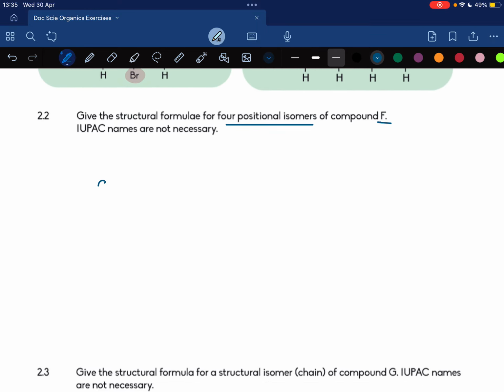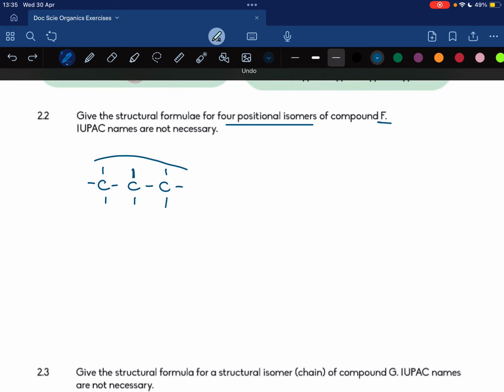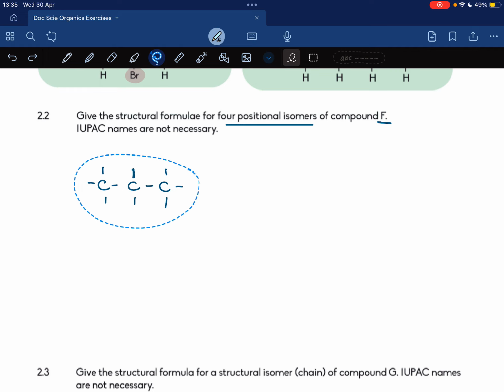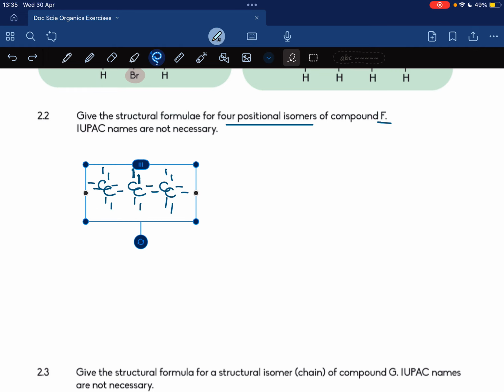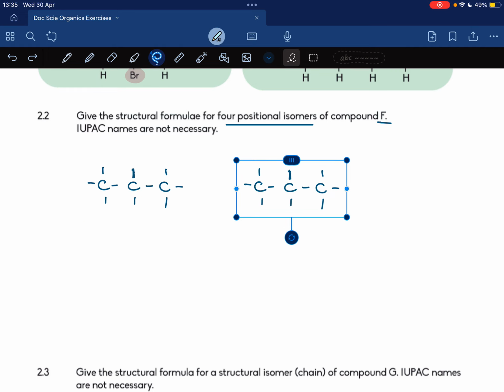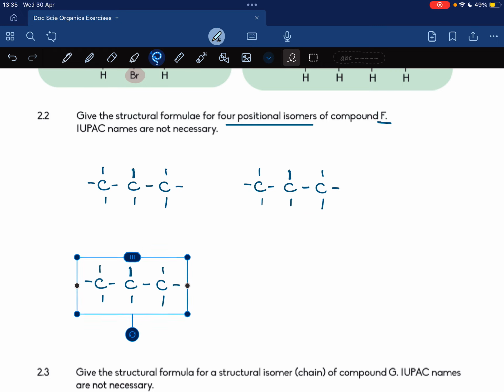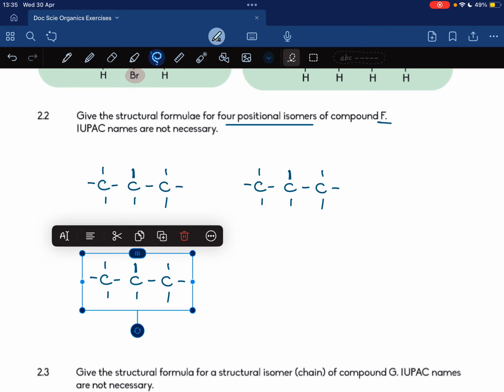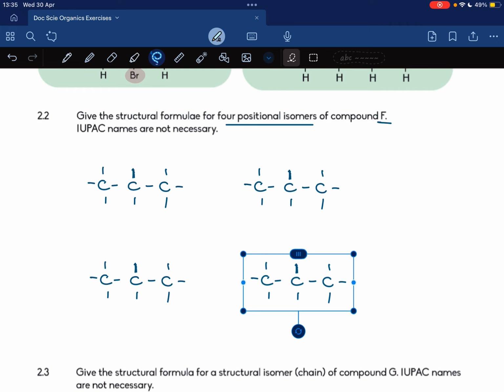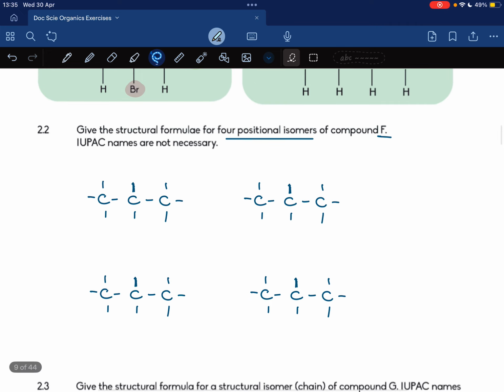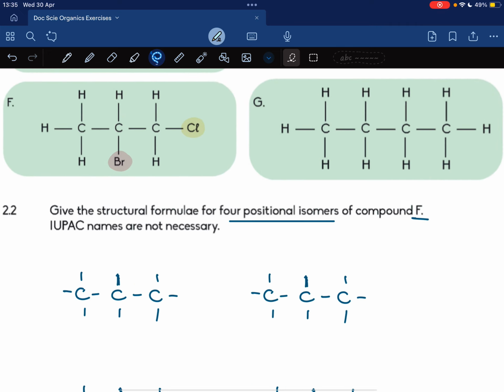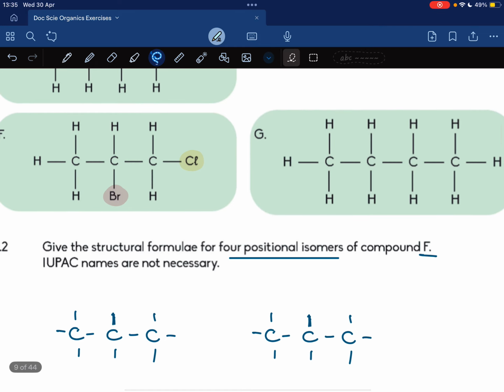So I'm going to draw 1, 2, 3 carbons with all their bonds around, because essentially this would be the base of all of the isomers, right? Because I'm not changing the molecular formula, and I'm also not changing the functional group. And I'm not adding chains either. Okay, it's a positional isomer, which just means that the chlorine and the bromine are going to move around.